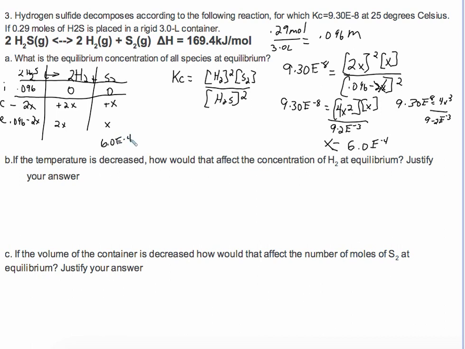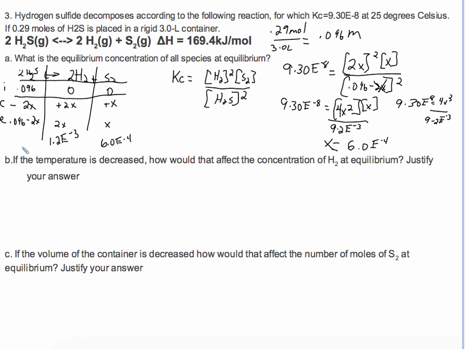So at equilibrium, this S2 is going to be 6.0 e to the minus 4. Take that times 2, and that's going to give you 1.2 e to the negative 3. That's going to be your H2 because you got to take 2 times x.